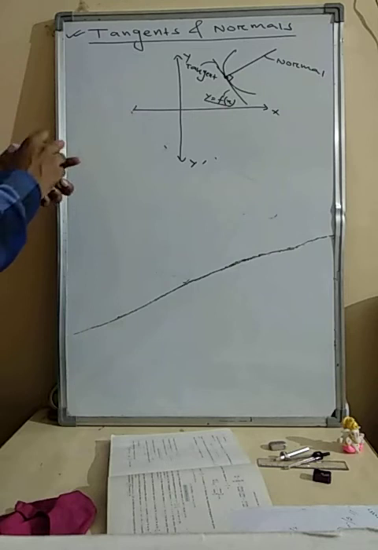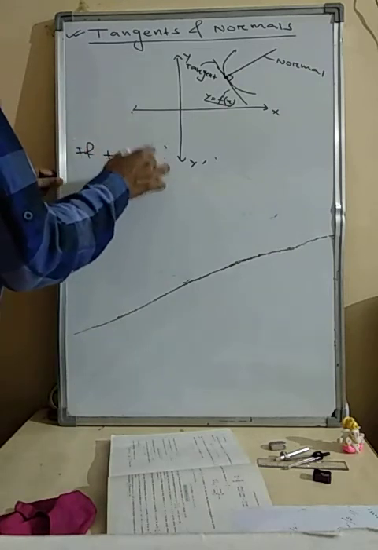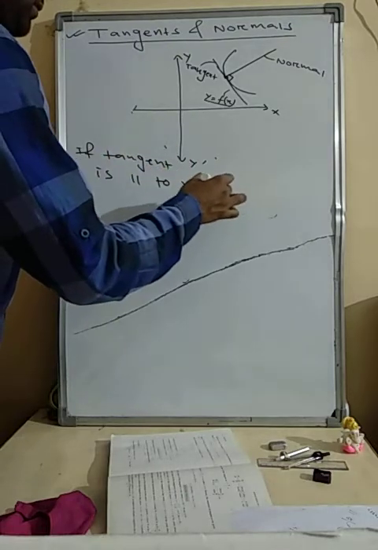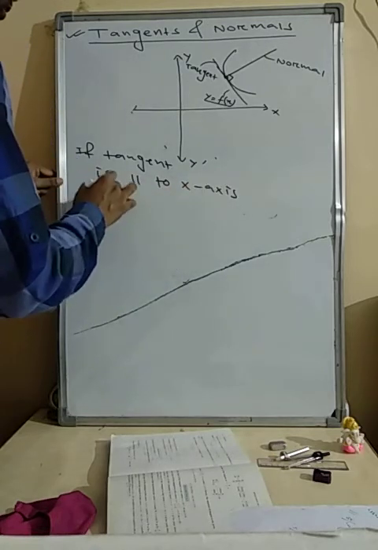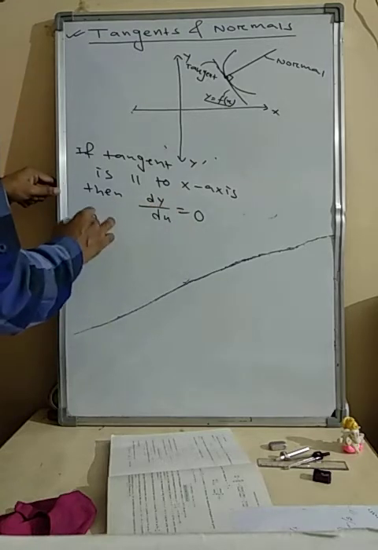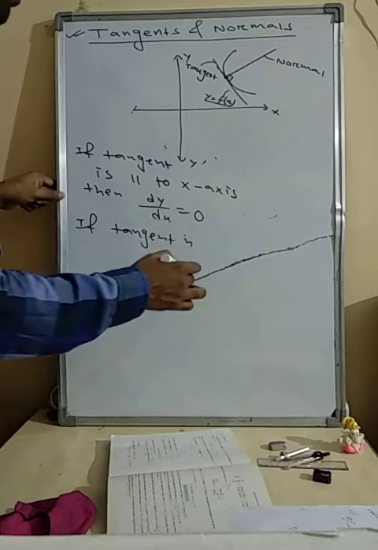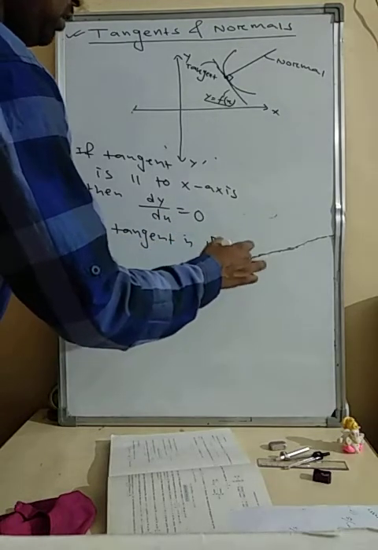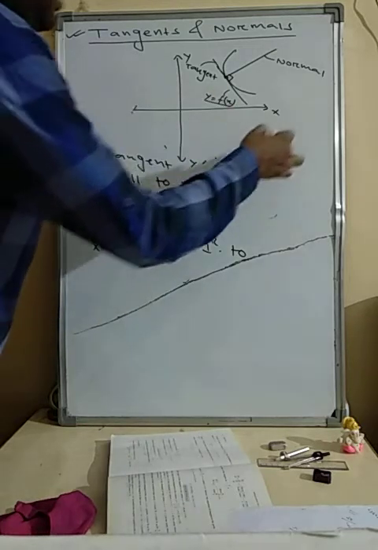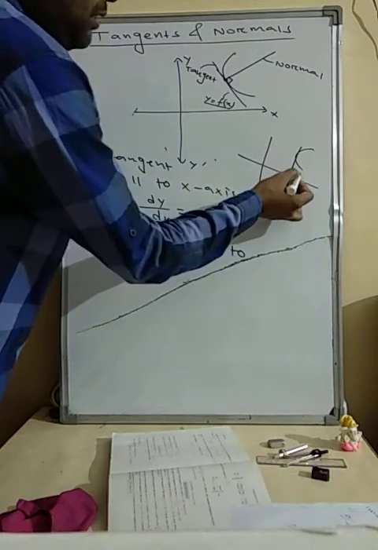So if the tangent is parallel to the x-axis, then the slope of the tangent dy/dx equals 0, and if the tangent is perpendicular to the x-axis, which means parallel to the y-axis, see, if I draw the tangent here, it is perpendicular to the x-axis, so theta is 90.